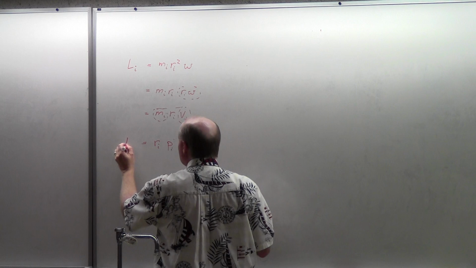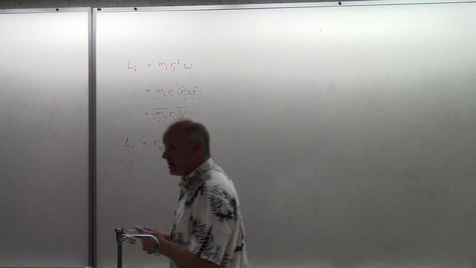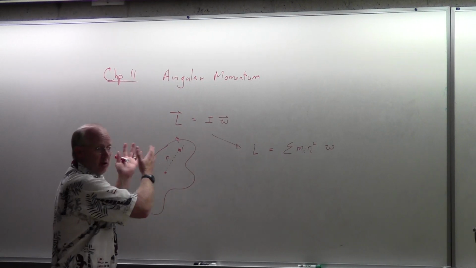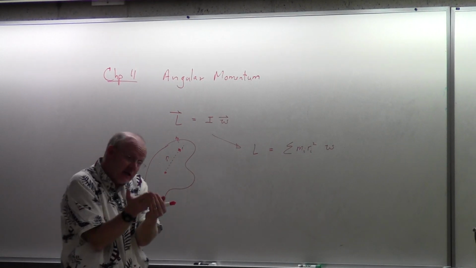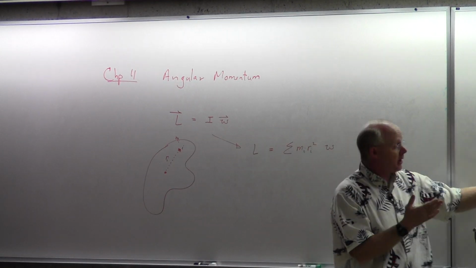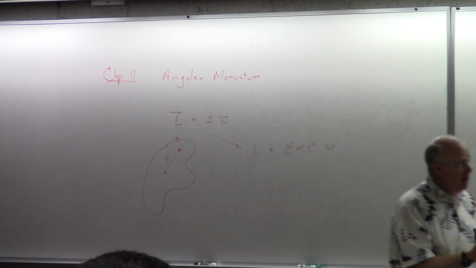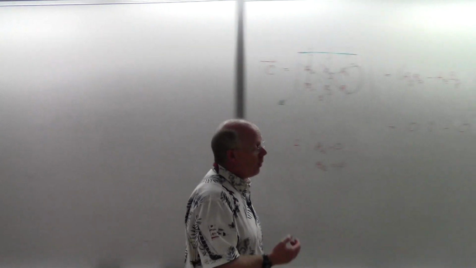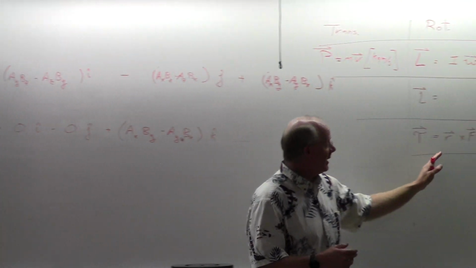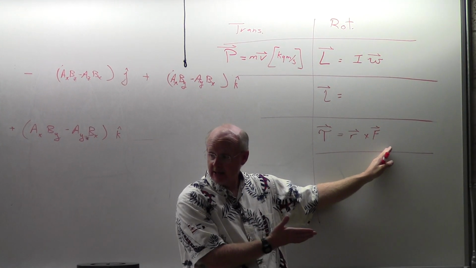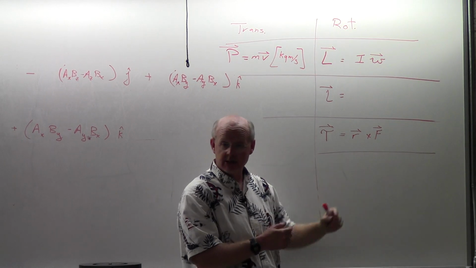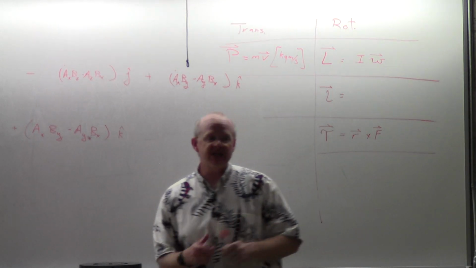And so when you view it in this way, you'll begin to see that what you're really saying here is the angular momentum is like the linear momentum. In fact, it is the linear momentum and distance. And isn't that what we said torque was? Wasn't torque really force and distance? And so we're really saying the same thing.